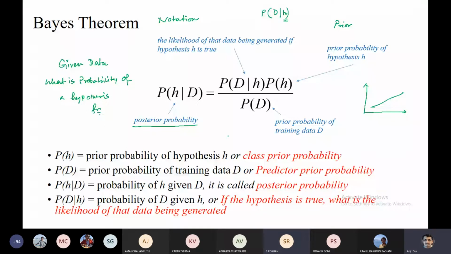P of D given H, where hypothesis H is true, is the likelihood of the data being generated, a kind of chance factor. These names are often used interchangeably in our discussion. This is an important slide; you have to remember these things.